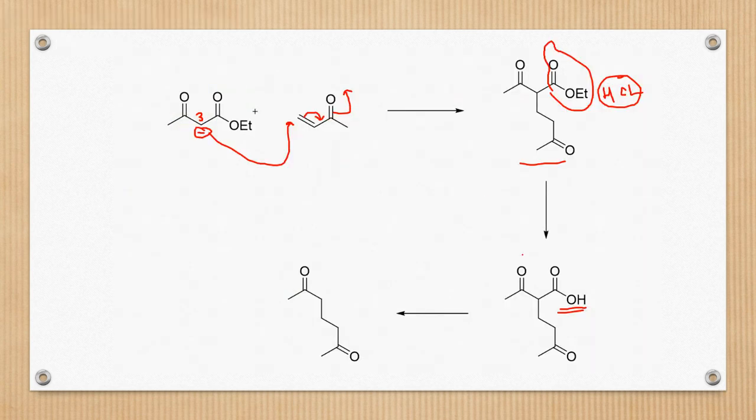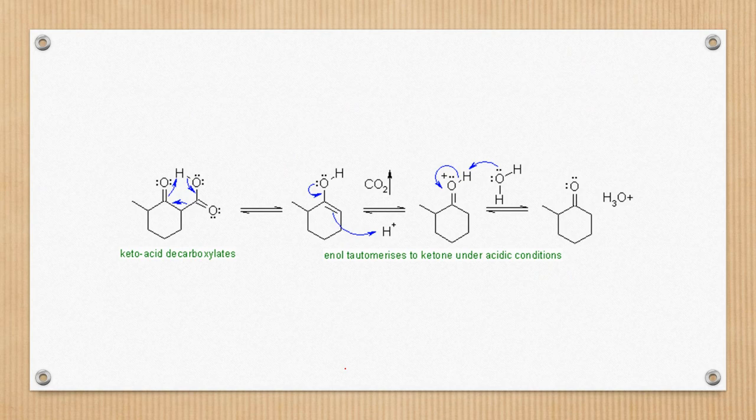Now in the presence of heat, decarboxylation happens in the acidic medium. So decarboxylation will take place, and this CO2 leaves to give you this particular compound. There is a mechanism for this CO2 liberation.